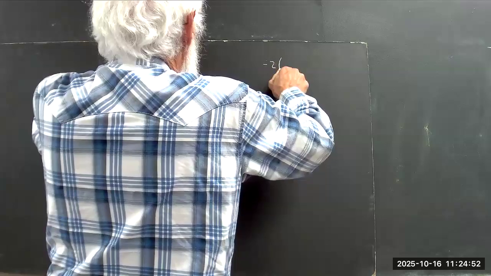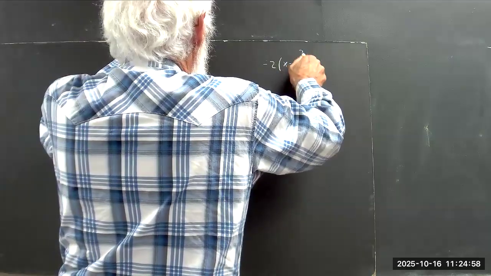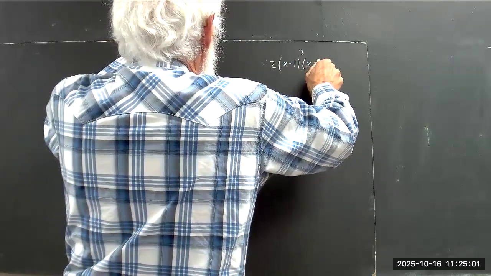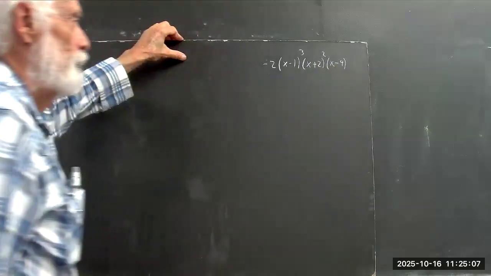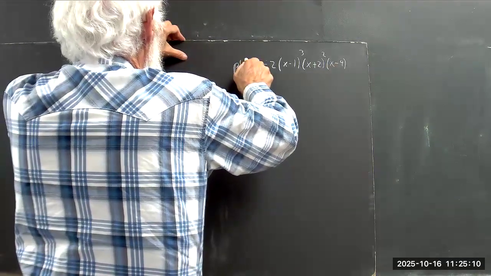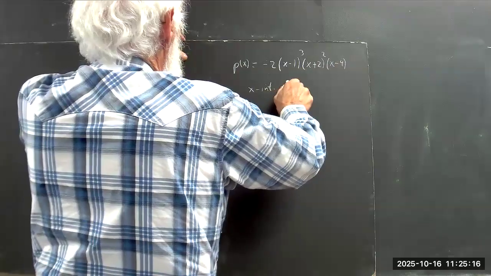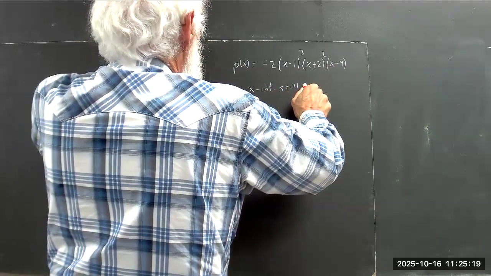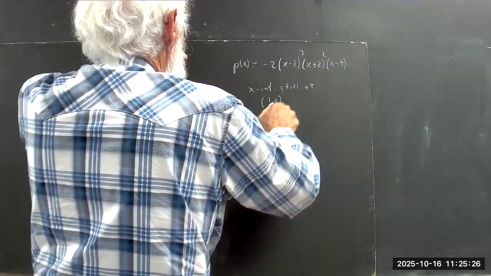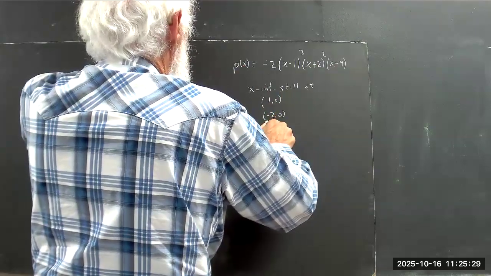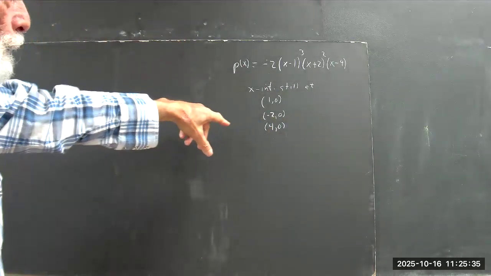I'm going to use -2. X-intercepts are still at these points, right?